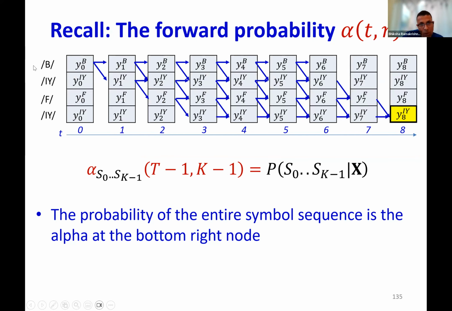So if I wanted to compute the probability of B phi for an input, I would have to compose this graph, run the forward algorithm, and compute the alpha out here. That alpha is the total probability across all alignments, and I'm going to have to pick the symbol sequence for which this alpha was highest.